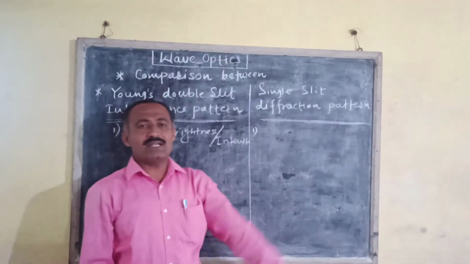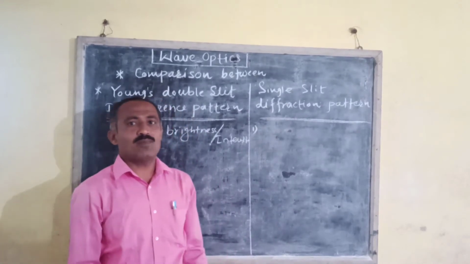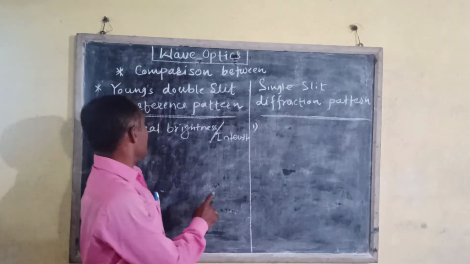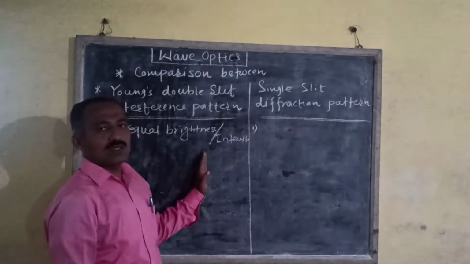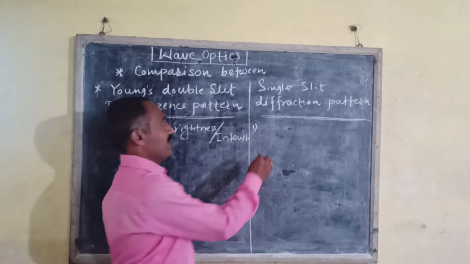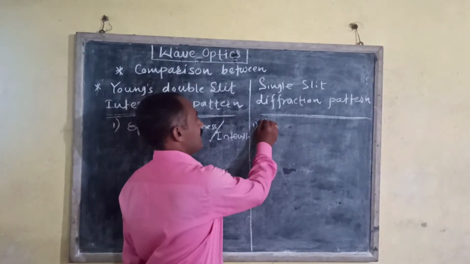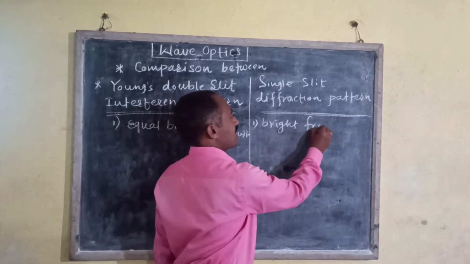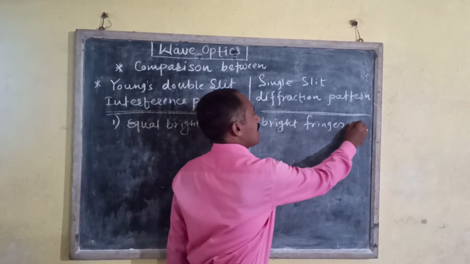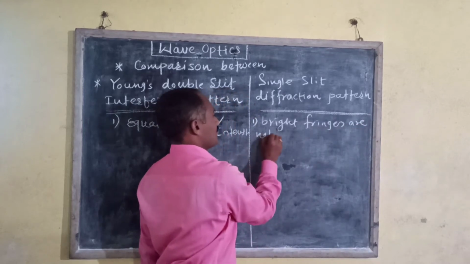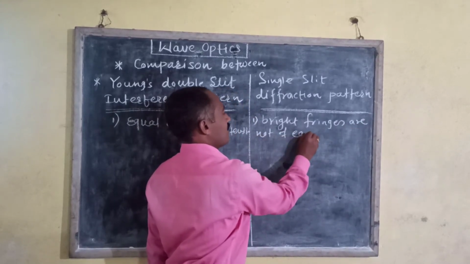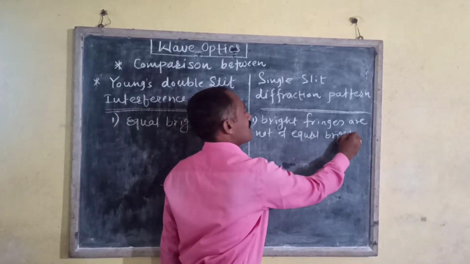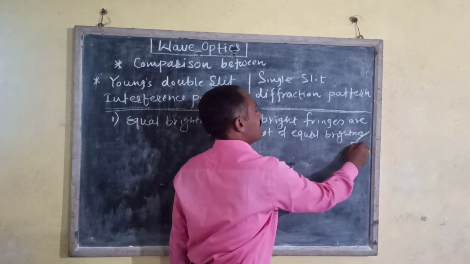The central bright fringe is the brightest of all the bright fringes. So the first difference between these two is that in diffraction the bright fringes are not of equal brightness or intensity.